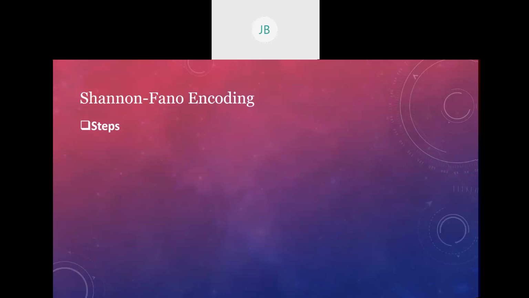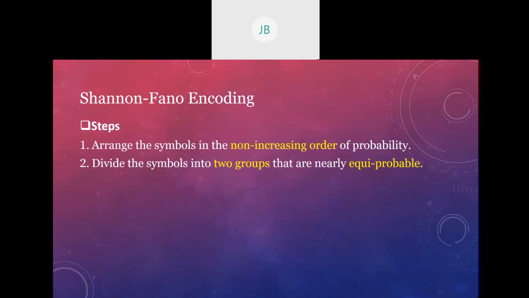The different steps consist of, first, the symbols should be arranged in the non-increasing order of probability. So right now we have different symbols and also we know their probabilities. In that case, we should arrange them in the non-increasing order of the probability.